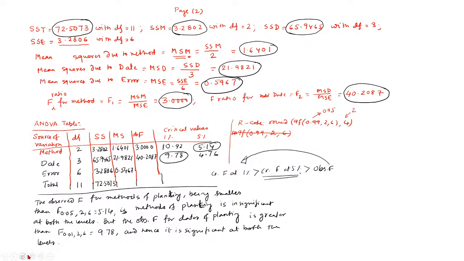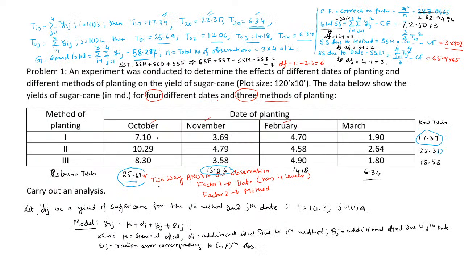One thing I forgot to mention before starting all the calculation: after the model line, you should write the hypothesis. Please write this. H01 null hypothesis, this corresponds to method: alpha 1 equal to alpha 2 equal to alpha 3, that is, the additional effect of all methods equal to 0, versus the alternative hypothesis H11, at least one alpha i not equal to 0.